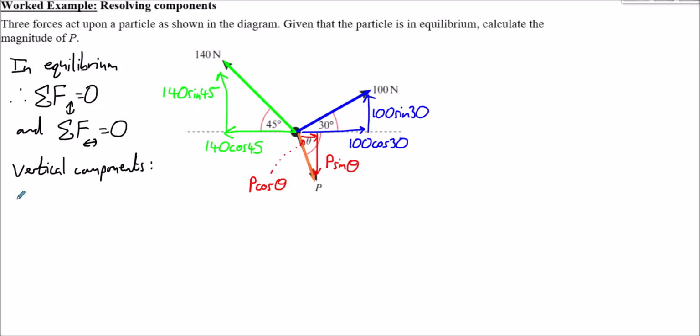So going up, we've got 140 sine 45. We've also got 100 sine 30. The only component going down is just P sine theta. So therefore, we can simplify this and just say P sine theta is 140 sine 45 plus 100 sine 30.